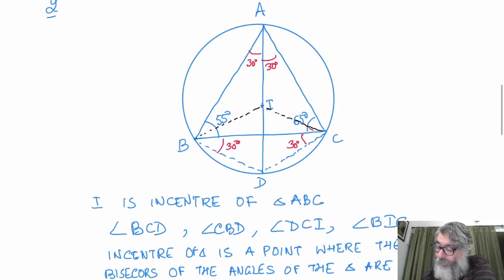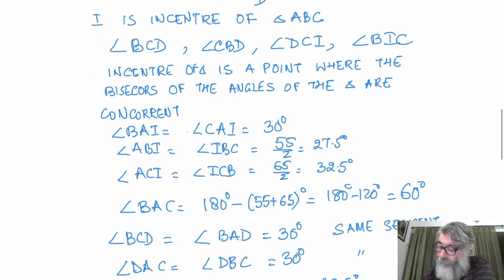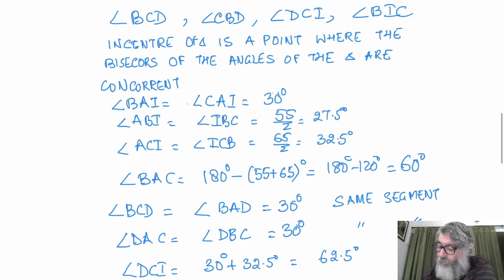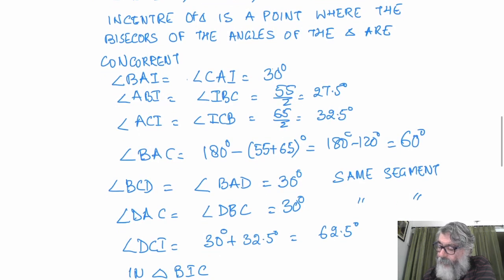So angle BIC will be equal to 180 minus (55 upon 2 plus 65 upon 2), that is 180 minus 60, so this will be 120 degrees. So we have got all the corresponding angles.